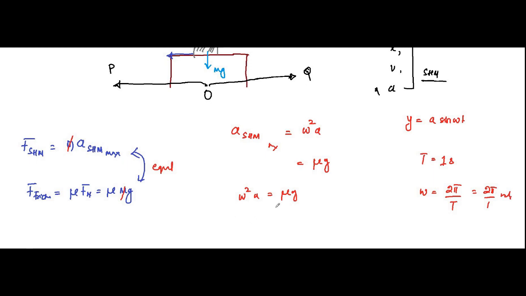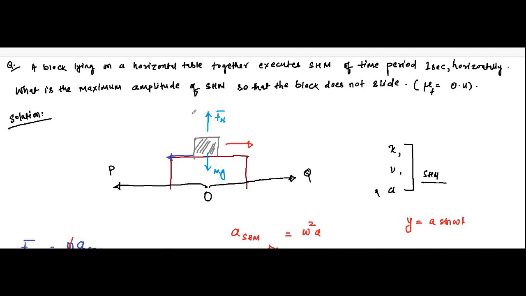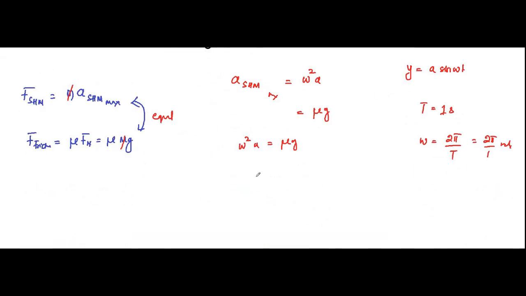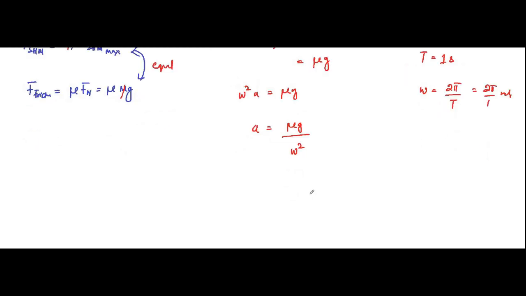So that implies, for the maximum amplitude, we have to calculate a, which is mu g by omega square. So that is equal to 0.4 times 9.8, divided by omega square, which is (2 pi) square.